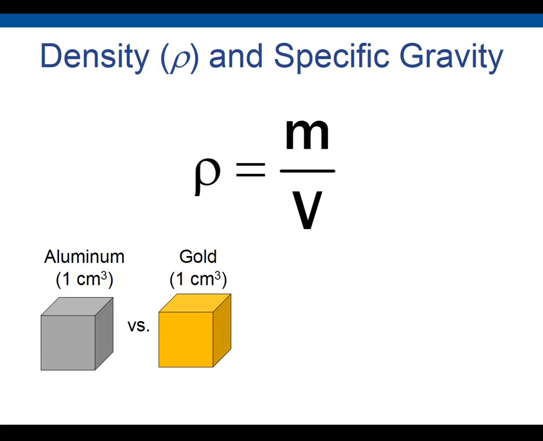Let's look at the density. Let me ask you a question. We have 1 cubic centimeter of gold, and we also have 1 cubic centimeter of aluminum. Which one is heavier? I think some of you already have some answers.